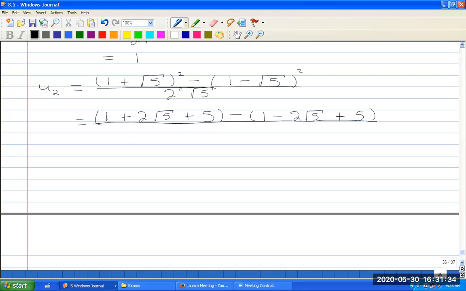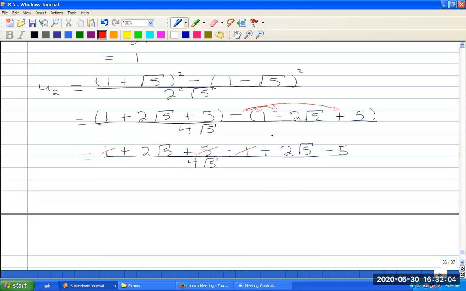And so let's get rid of the parentheses. Let's change all the signs. So this is 1 plus 2 rad 5 plus 5 minus 1 plus 2 rad 5 minus 5, over 4 rad 5.